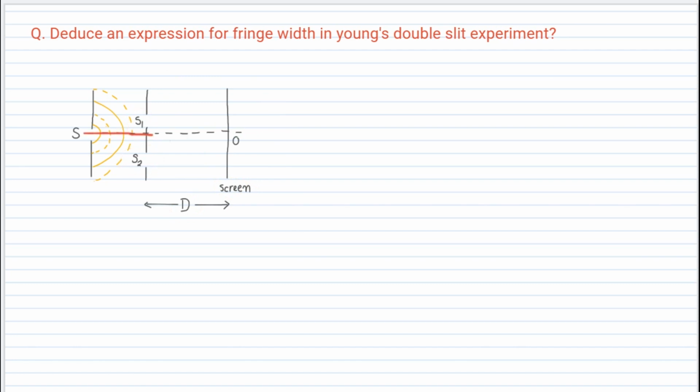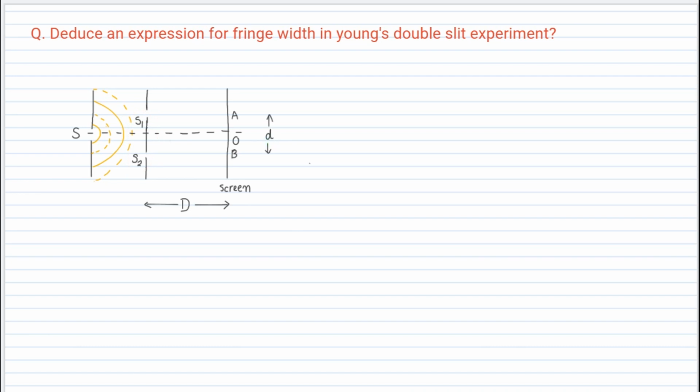Now, consider this point O as the center of the screen. And your slit S1 is at this point, let us call it A, and this point B is slit S2. As I've already said, your slits S1 and S2 are placed at a distance d away from each other.